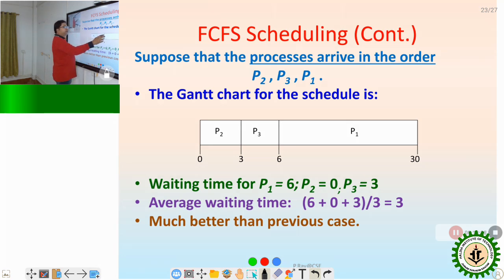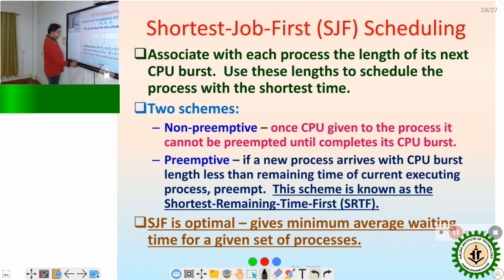Now suppose P1, P3, P2 all arrive at time 0, but P1 can't preempt P2 or P3, because FCFS is completely a non-preemptive scheduling algorithm. But in the case of shortest job first, there are two schemes, non-preemptive and preemptive.